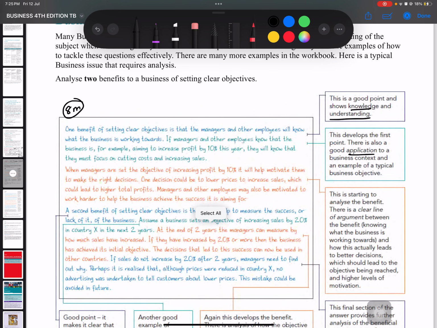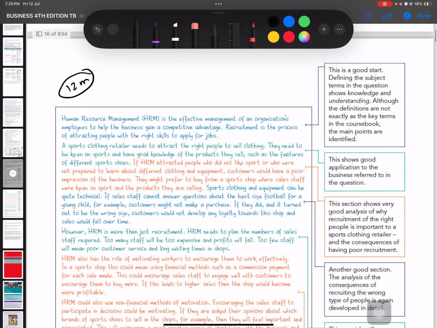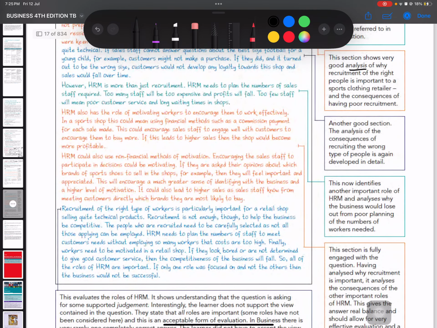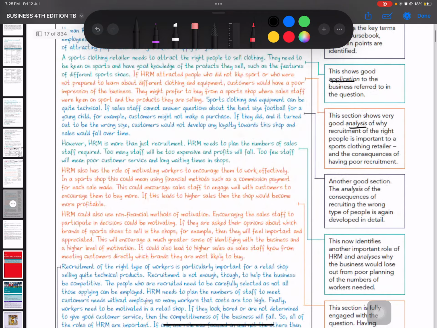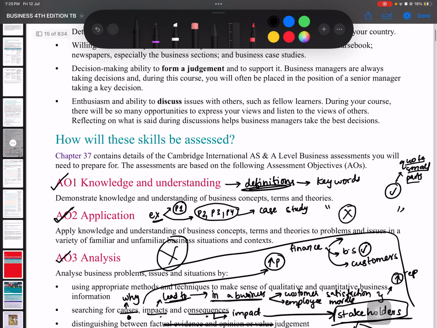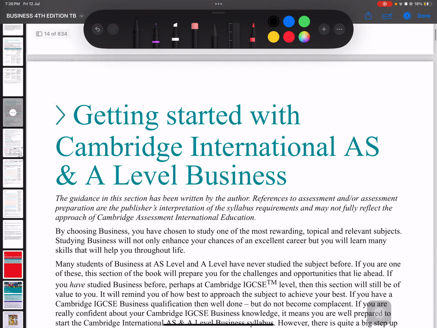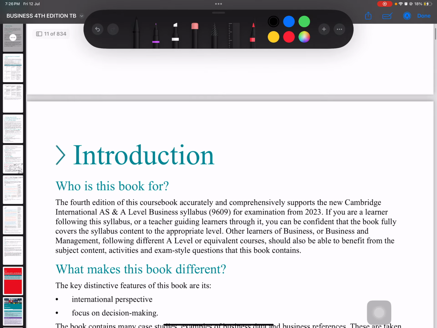In 8 markers, there's only knowledge and understanding, application, and analysis. Whereas in a 12 marker, you have knowledge and understanding, application, analysis, and also evaluation, right? For now, you have to be able to understand this.